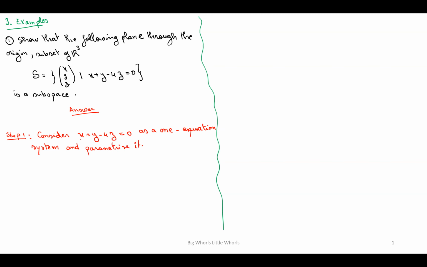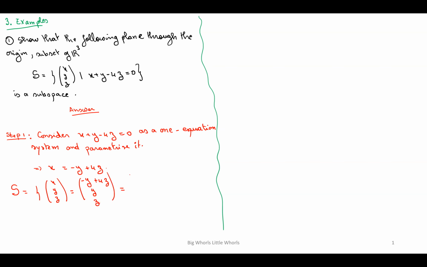We parameterize it by writing the leading variable in terms of the free variables. Therefore, we'll have x equals minus y plus 4z. And now let's rewrite our set. Therefore, our set is going to be what? (x, y, z), and instead of x it is minus y plus 4z, y is still y and z is z.